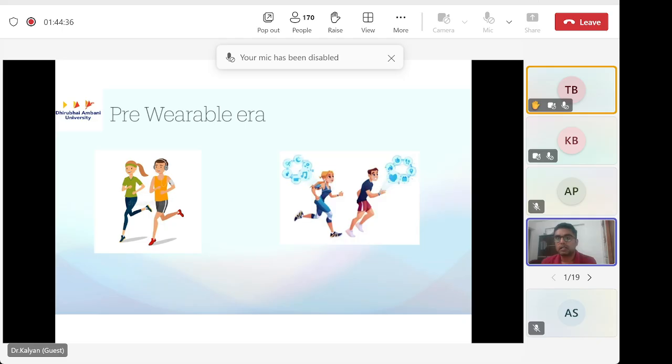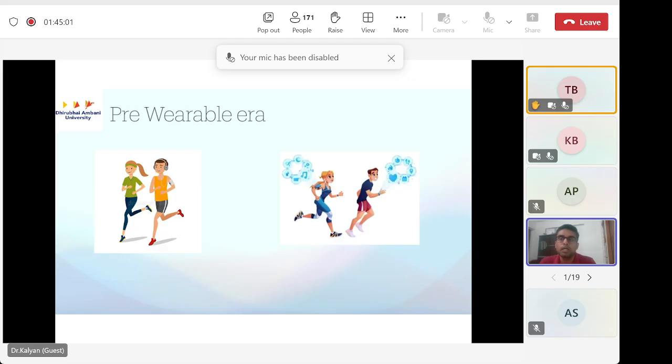Fast forward to the current era, or the last maybe 5-6 years majorly. Although in this cartoon this lady is still wearing a smartphone, look at this person. He's wearing a smartwatch. So there's no phone anymore. That is completely replaced by a tiny device which just fits on your wrist, and that's the smartwatch.